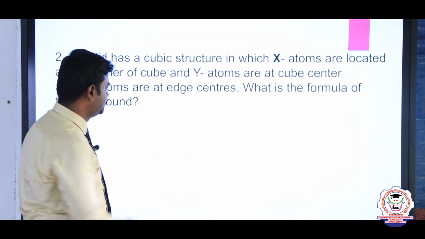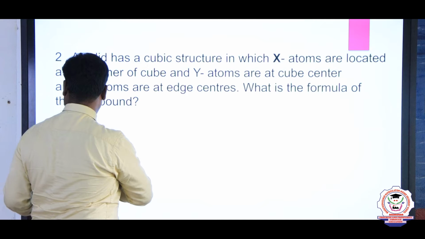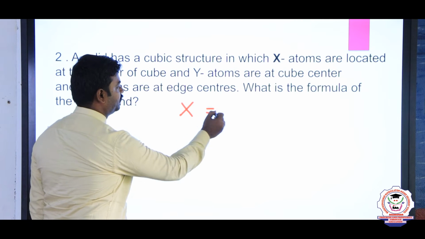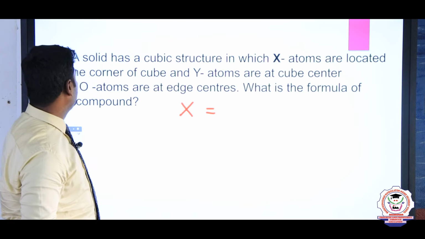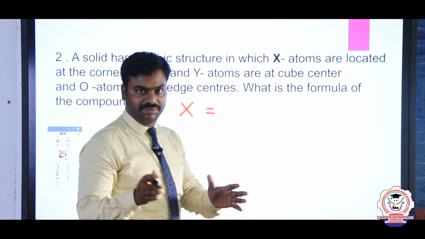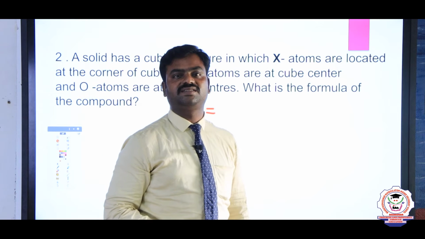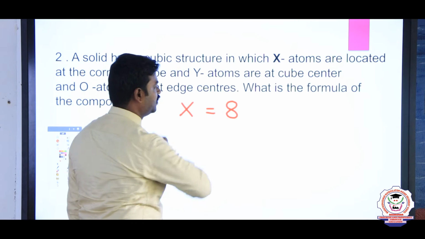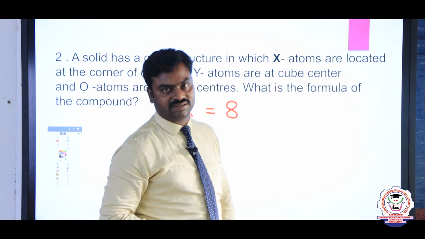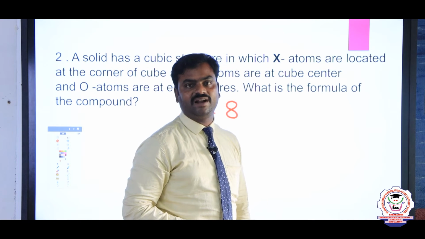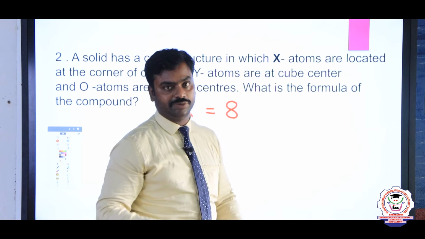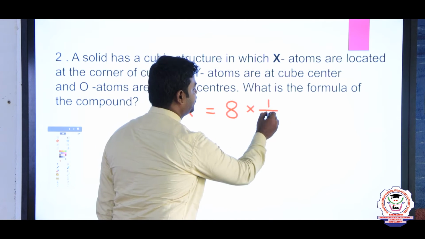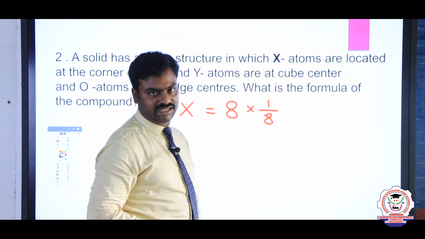First, X atom. They say X atoms are located at the corners. In a simple cubic system, how many corners are available? 8 corners. All the corner atoms are shared by 8 different unit cells, so we have to multiply by 1 by 8.